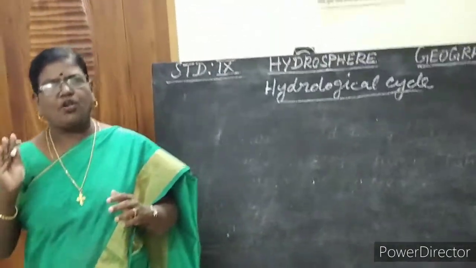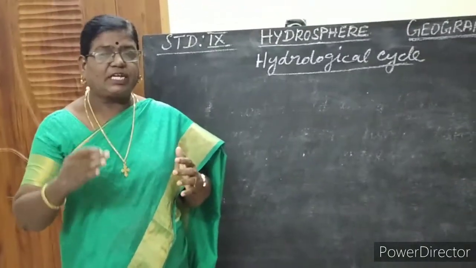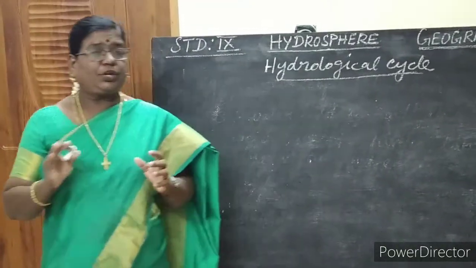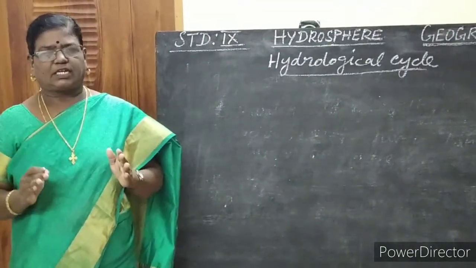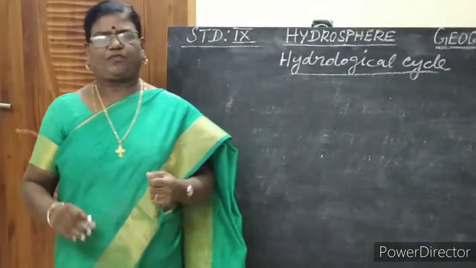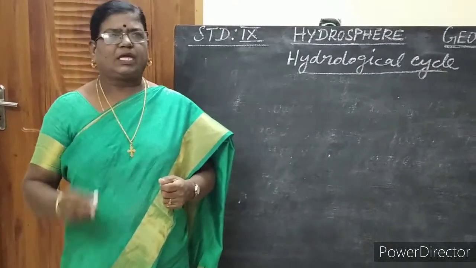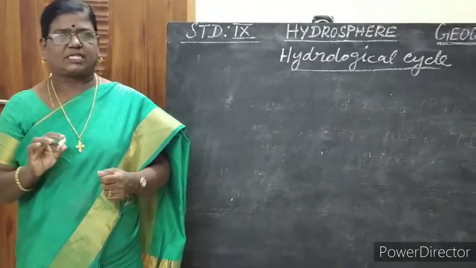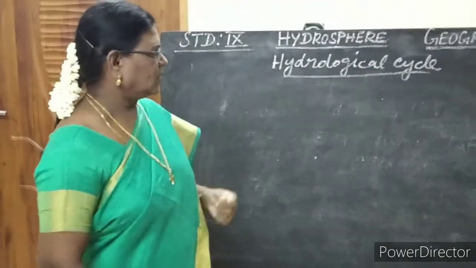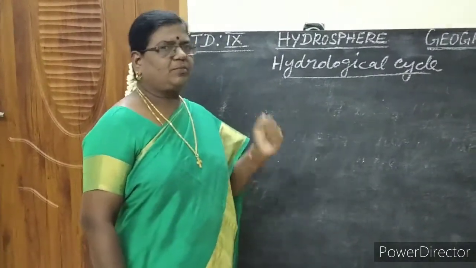It is always in motion. What is the meaning of motion? Water is always moving. Okay. This continuous movement of water on, above and below the earth's surface is called the hydrological cycle. The three major processes involved in the water cycle are evaporation, condensation and precipitation.